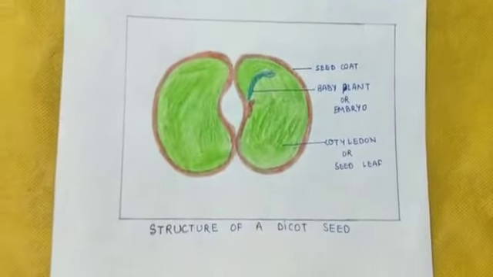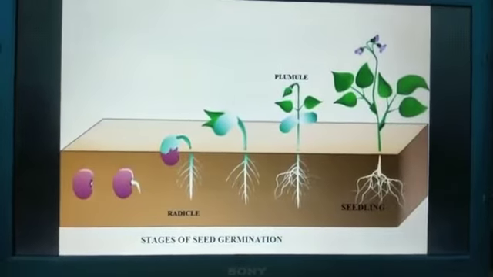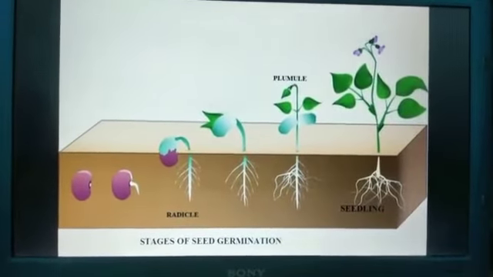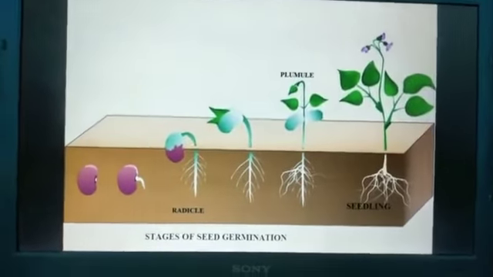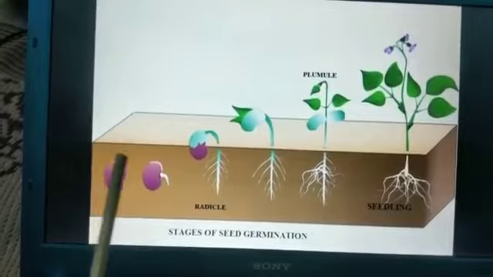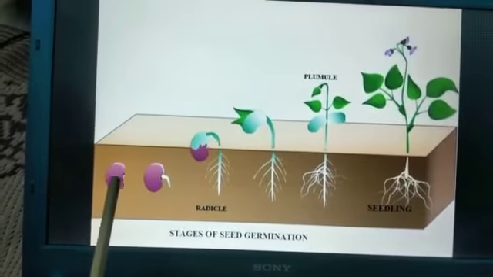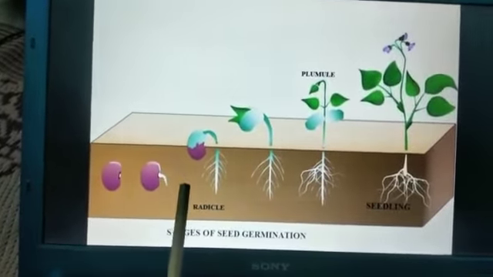Now let's talk about how this seed germinates. The process by which a seed produces a new plant is called germination. The seed is sowed in the soil. As the seed gets air, water and warmth, the seed coat breaks and the root emerges.